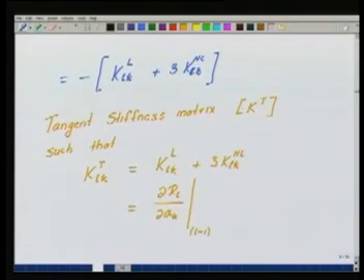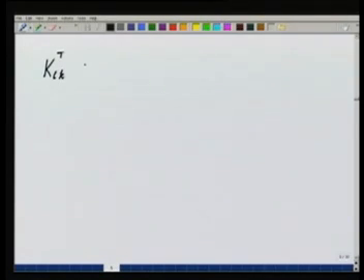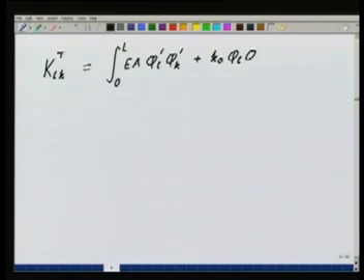Okay, so we will have, let's say, K_T,LK equal to the integral from 0 to L of EA φ_L′ φ_K′ plus K_0 φ_L φ_K dx. This part remains fixed. You don't have to update this all the time.